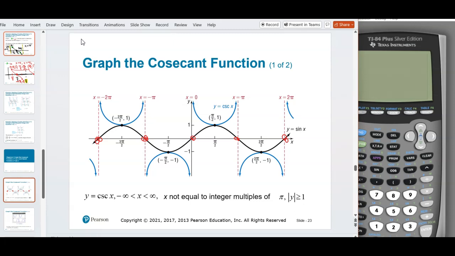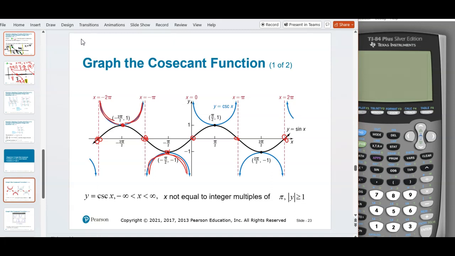And the peaks and the valleys of the sine function, the ones and the negative ones, become the bottoms of these parabola-like shapes that live between each of the asymptotes. The one for the sine function is also one for the cosecant, but it goes up away from the sine curve, and the negative one goes down away from the sine curve towards the asymptotes.